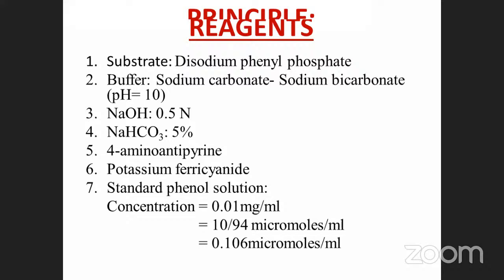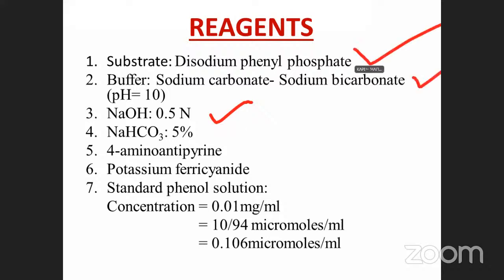It is the solution which resists the change in pH on addition of either alkali or acids. In that buffer, these two chemicals are used: sodium carbonate and sodium bicarbonate, and the pH of that buffer is 10. Then sodium hydroxide is used, 0.5 normal. Then sodium hydrogen carbonate is used, 5%.